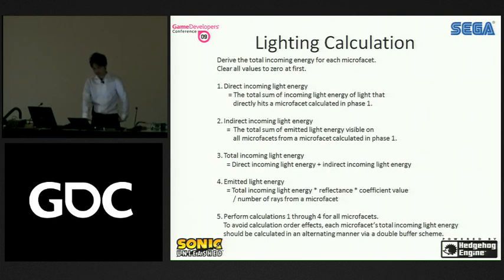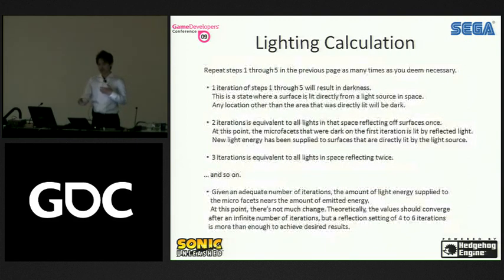We calculate these numbers from number 1 to number 4 for each microfacet. So sometimes we have to do 10,000 calculations. We use a double buffer to alternate calculation.